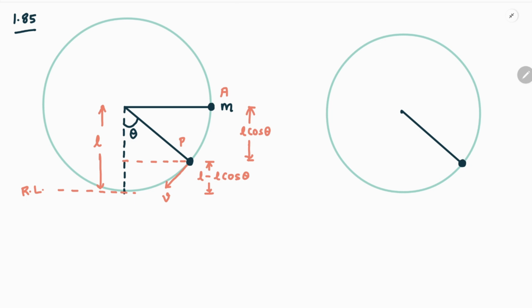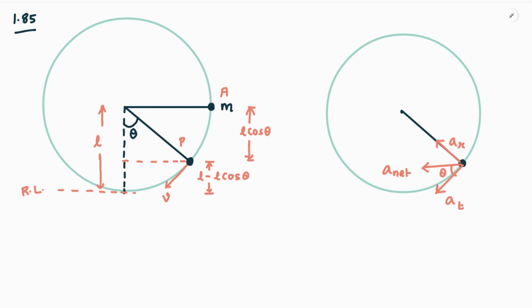One will be a radial component of acceleration, which we mark as AR. The other will be a tangential component of acceleration, which we mark as AT, and due to both of them there will be a net acceleration, which is the vector sum of these two accelerations, and we consider that this net acceleration is making an angle theta with the tangential acceleration.